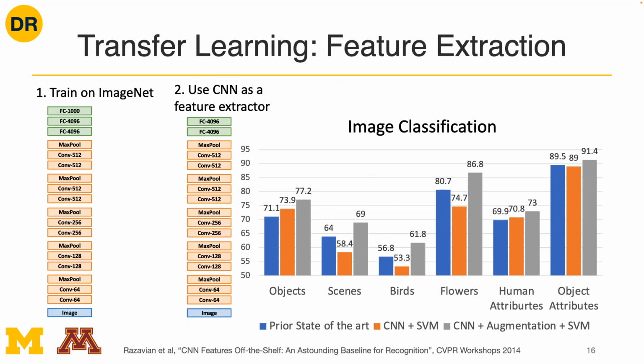And then with the idea of using CNNs for your feature extraction followed by SVM, or some sort of augmentation techniques followed by SVM, you can see that there's a boost in the performance. So this is one way of doing transfer learning, where you're using the CNN as a feature extractor, which means you are not changing the weights, but you're only training on the last layer for the new task.